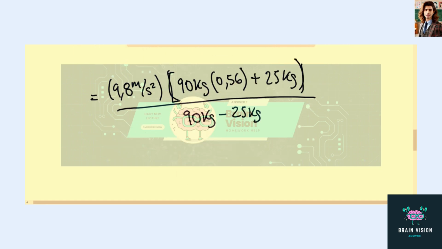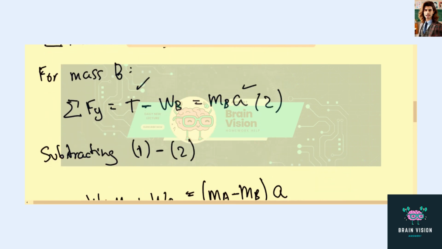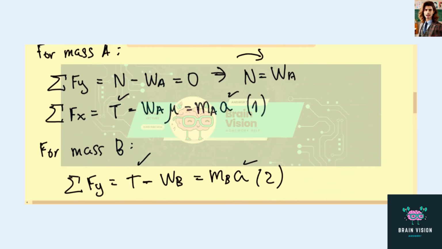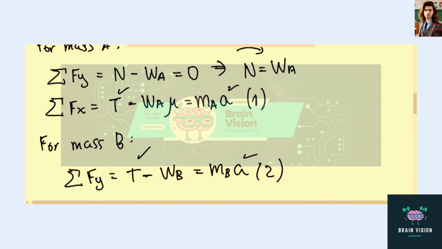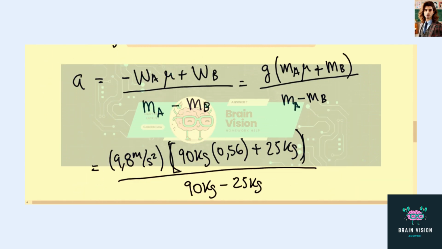So putting all of this information into the calculator, we obtain a value of 0.5. In here, I have something wrong.